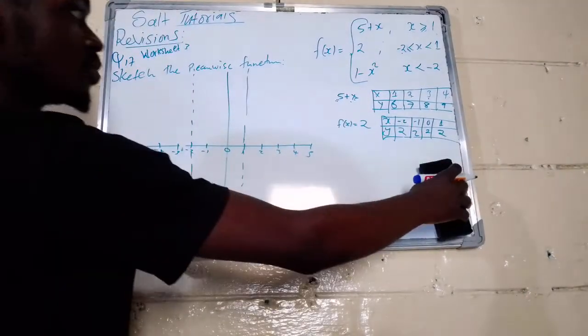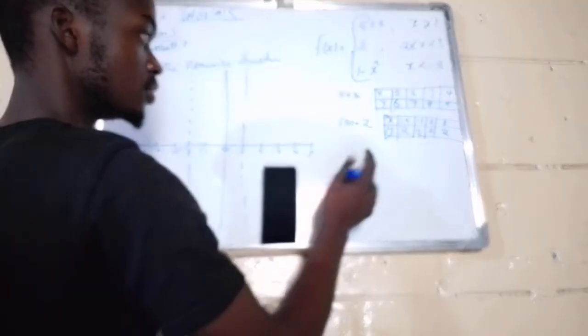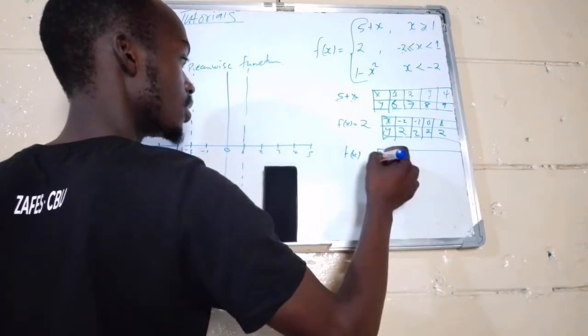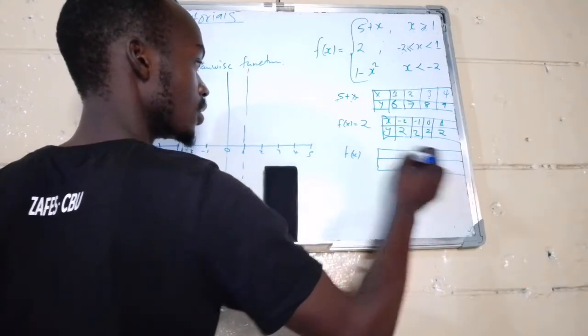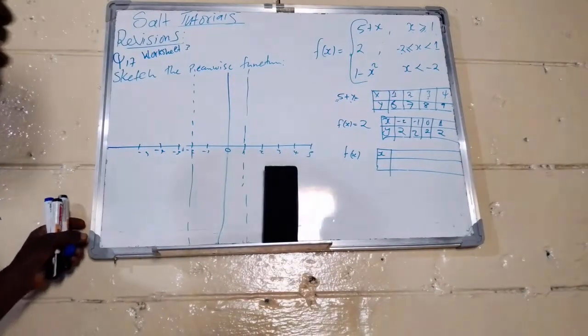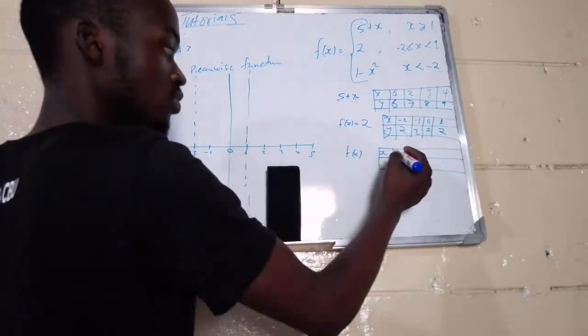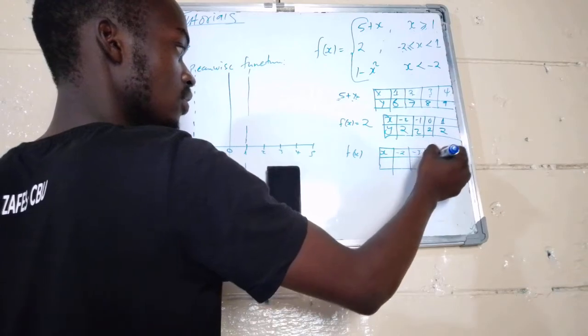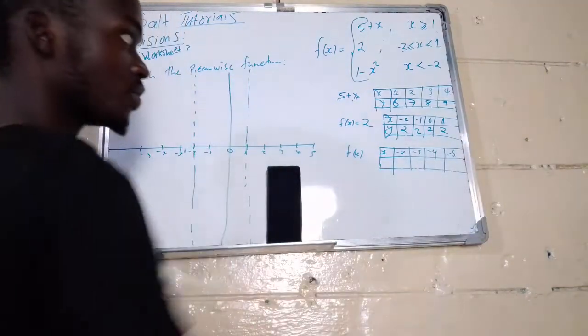But for the last one, we have f of x for x less than negative 2. So negative 2, negative 3, negative 4, negative 5, and so forth.